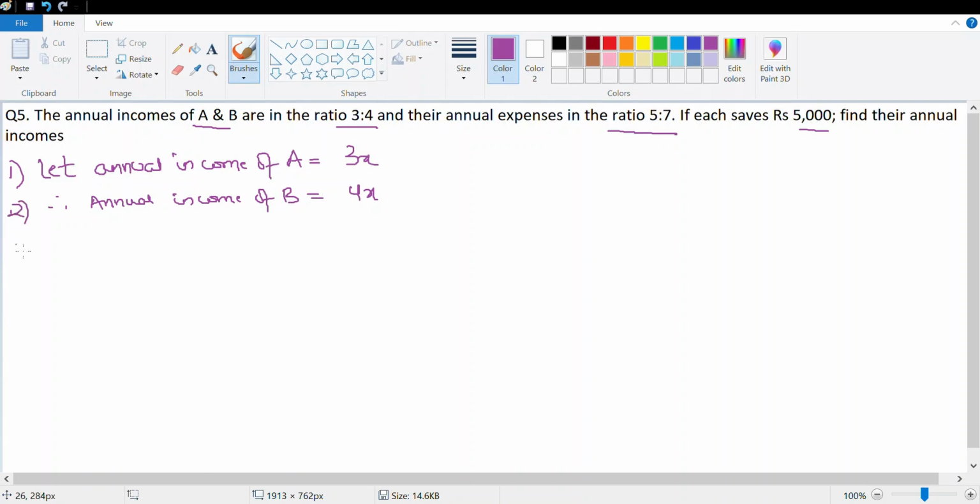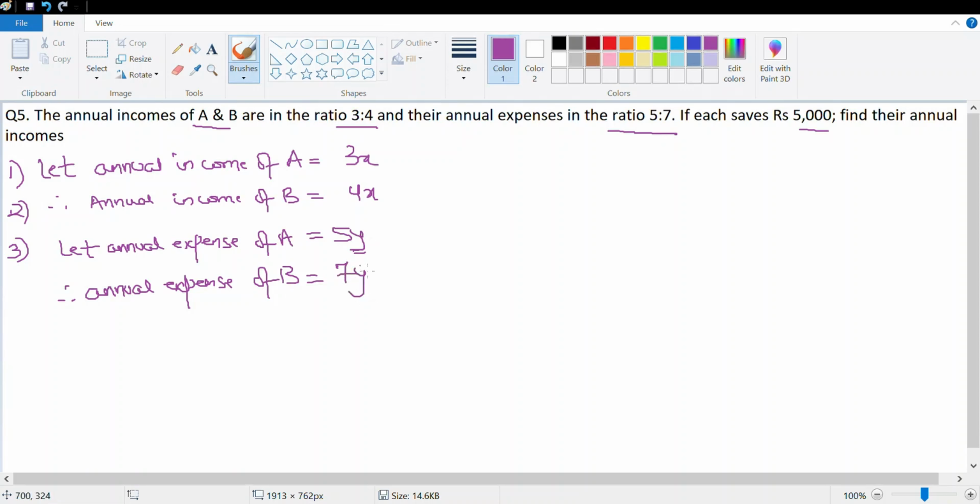Next, let's figure out the ratio of the expenses. Let the annual expense of A be 5y, a different variable, in this case y, which is the constant variable, as in the ratio is 5:7, so the constant in that case is y. So the annual expense of A is 5y, therefore the annual expense of B will be equal to 7y.